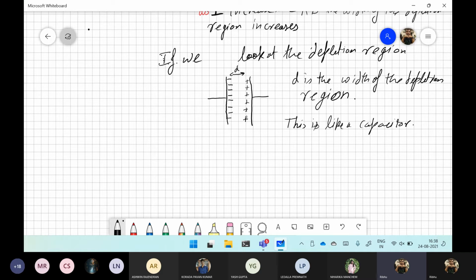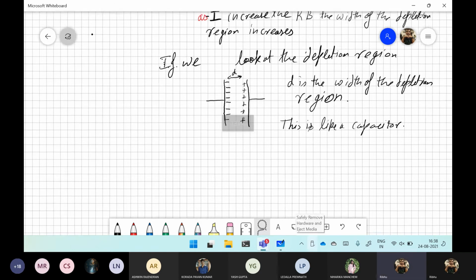Similarly, in a light emitting diode, we use the fact that recombination in forward bias causes the release of a photon. We use that to our advantage. Similarly, we exploit this variable.